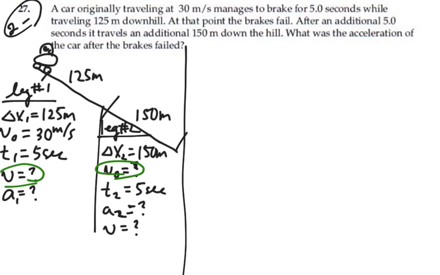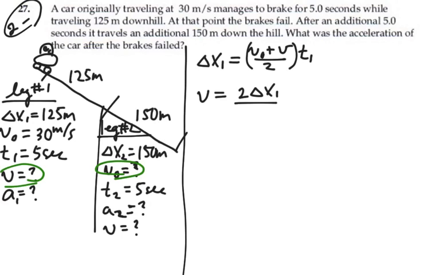Using kinematic equation number 2, our displacement should equal our initial velocity plus final velocity divided by 2 times time for leg number 1. Solve this for final velocity. So final velocity will be 2 times displacement x1 divided by t1 minus v naught, just with algebra.